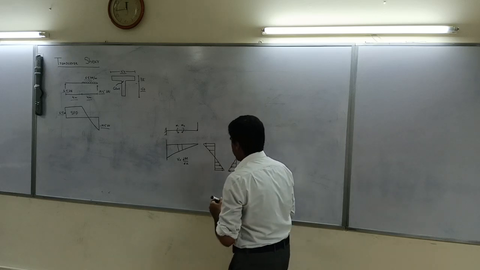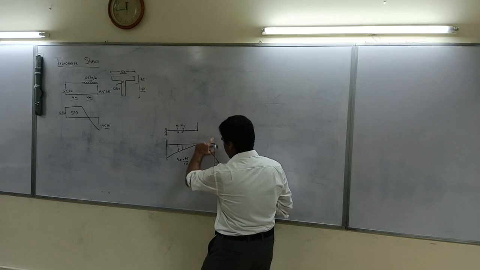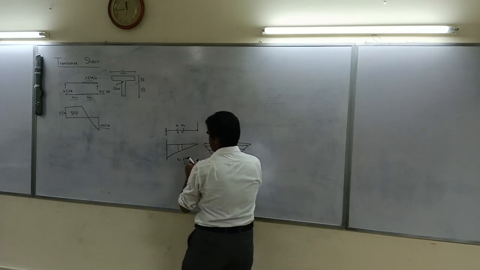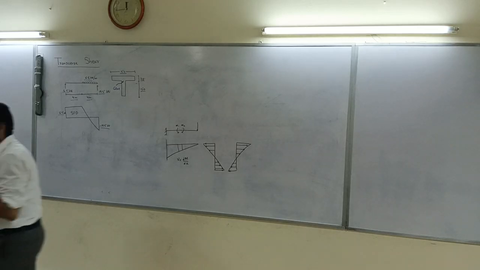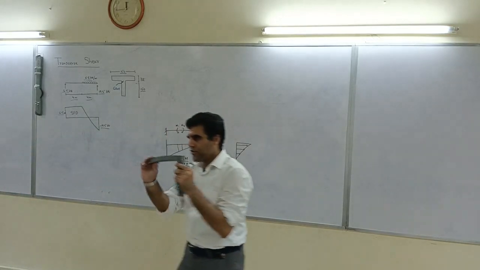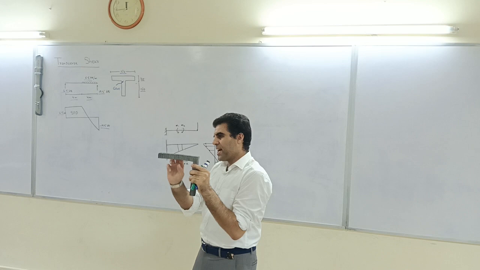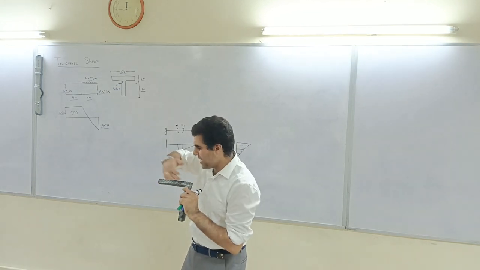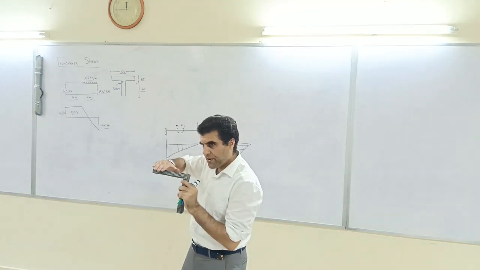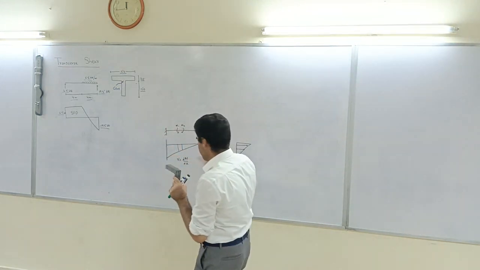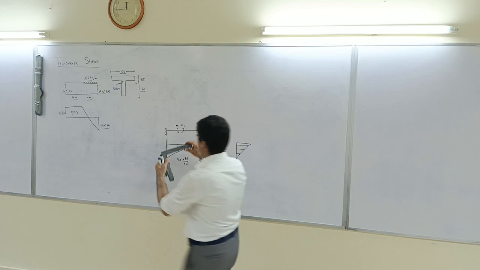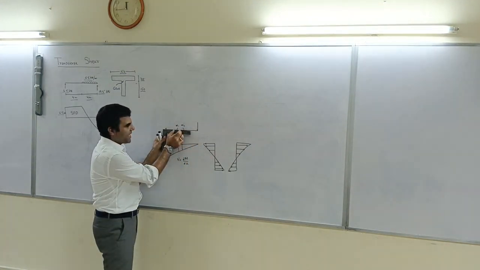So what we are saying is that we have these two sections and this is the cross section. In other words, we have a beam which is subject to some loading, and this beam is divided into different sections. Now at a particular section we take two points, 1 and 2.